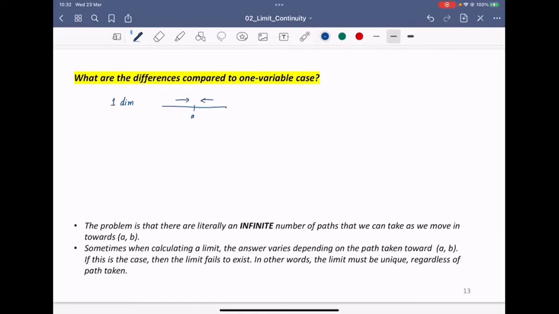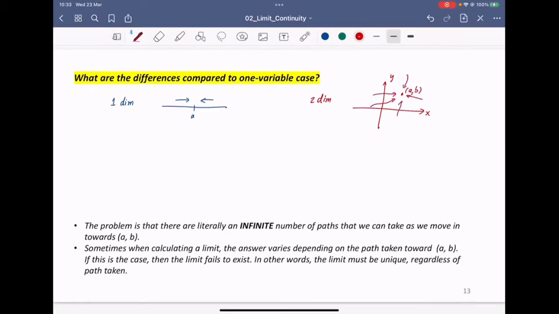But in two dimensions, it's totally different, because now you are working on the plane XY, and the point that you are trying to approach is (A, B), which means you can have so many lines approaching it.